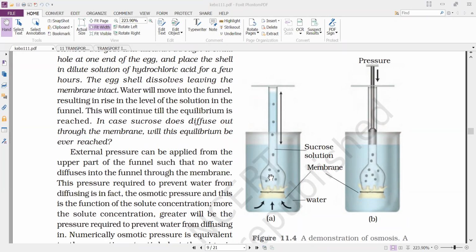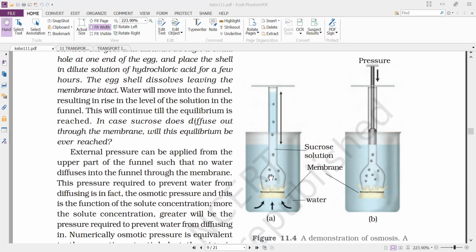Now observe the change in the thistle funnel or in the beaker. We can observe a gradual increase in the level of sugar solution in the thistle funnel.